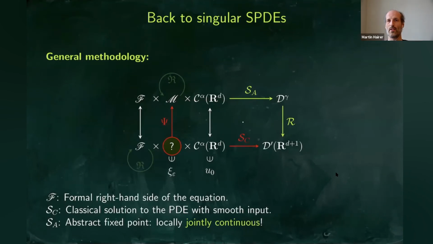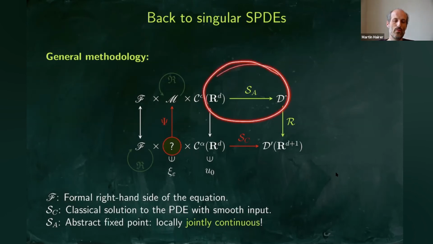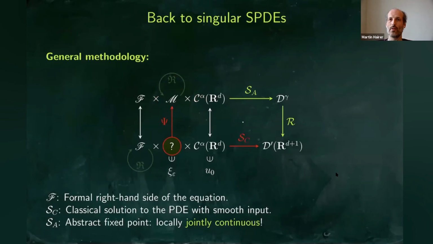Now, what's the advantage of doing that, right? It sounds insane. So you have a relatively easily defined classical solution map. You factor it in a crazy complicated way, which I haven't even described in detail. And so what have you gained? What you've gained is that this solution map is going to be continuous in a topology here on the space of models, which does look like the sort of topology in which the noise would converge.